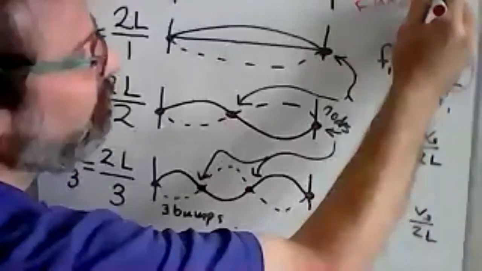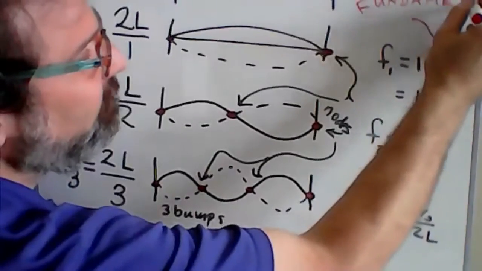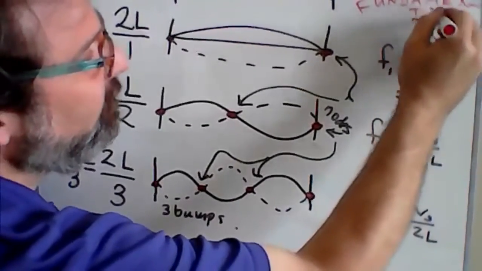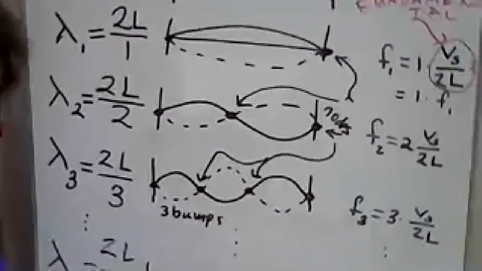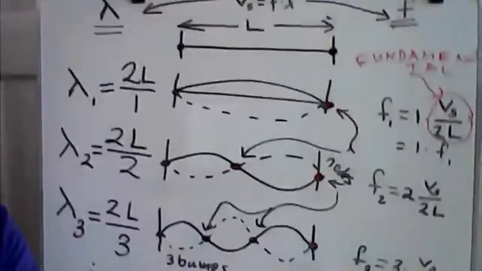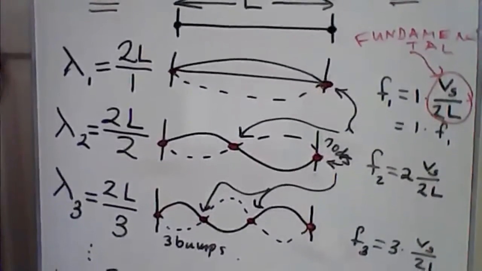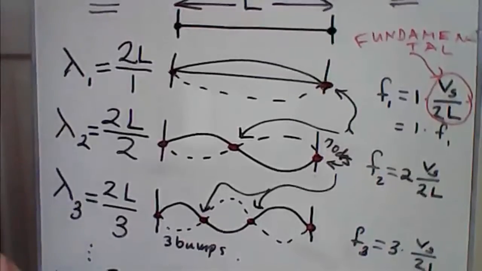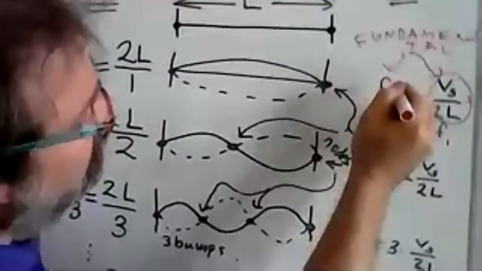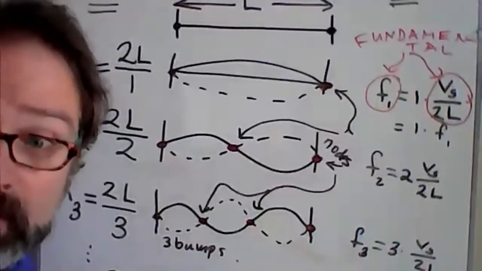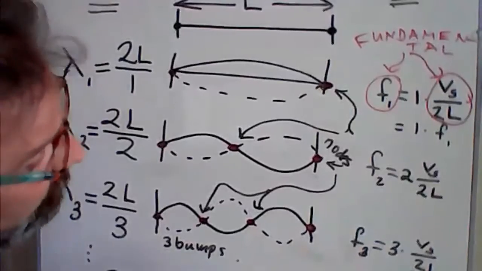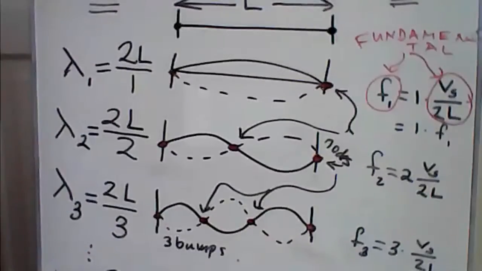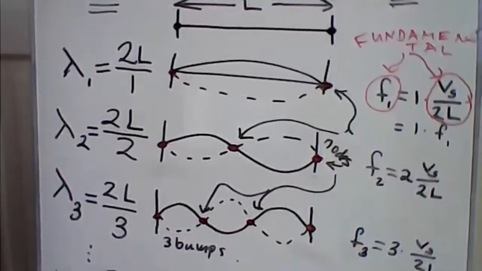Fundamental frequency. Vs over 2L is the fundamental frequency, also known as F1. And of course, what we see here is that F2 is twice that.